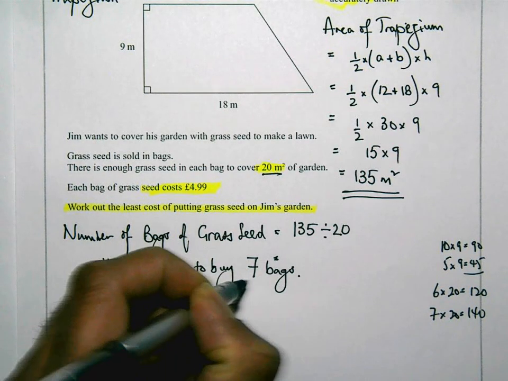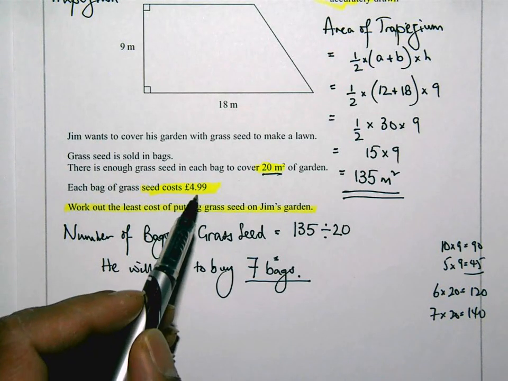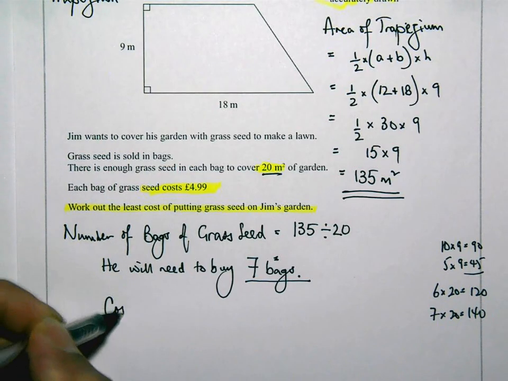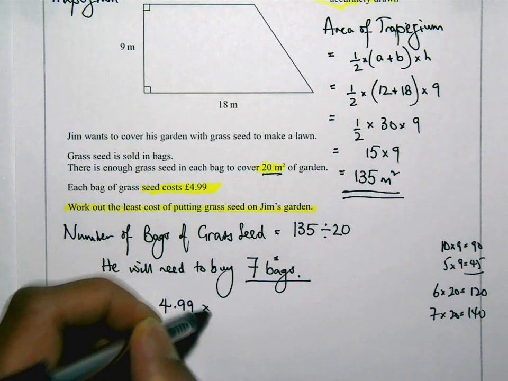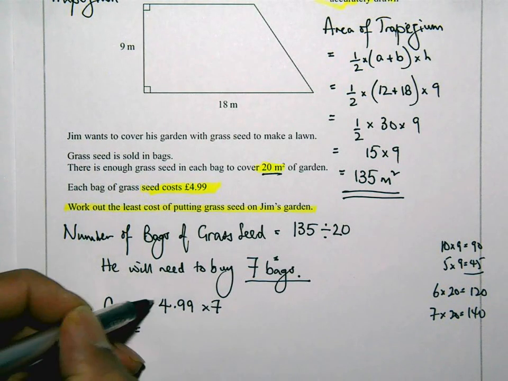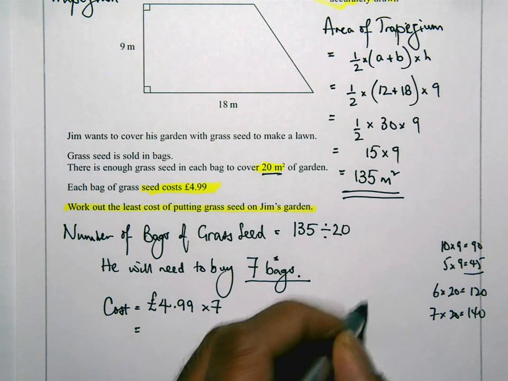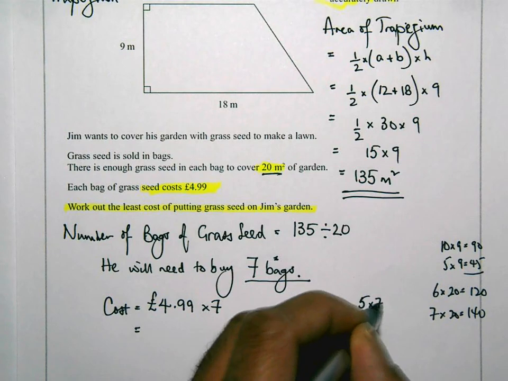So if it's 7 bags he needs, and each bag is going to cost £4.99, the cost is going to be £4.99 times 7. There are loads of different ways in which you could do this. You could go off to one side and do the multiplication, or one suggestion I have is that you round the £4.99 to £5, so 5 times 7, that's 35.